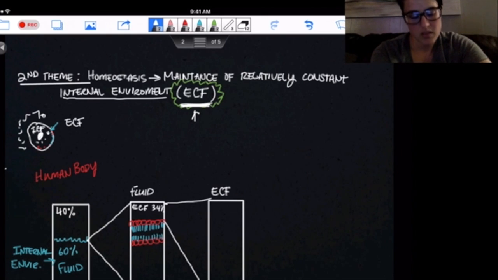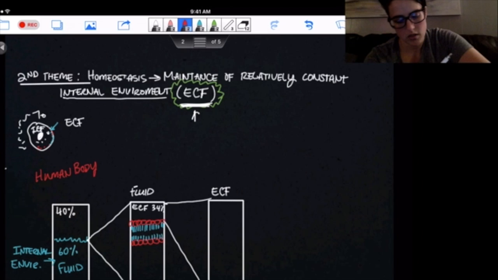So if we break apart this extracellular fluid, we want to talk about what it's made up of. We'll draw a little red line here. And we have the blood plasma, and that makes up about 25%.